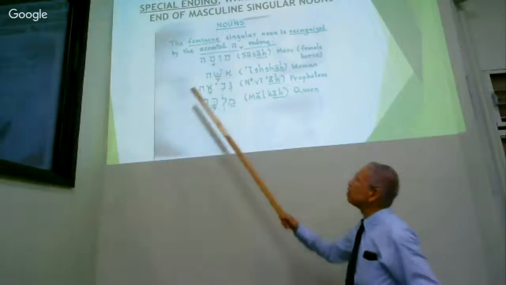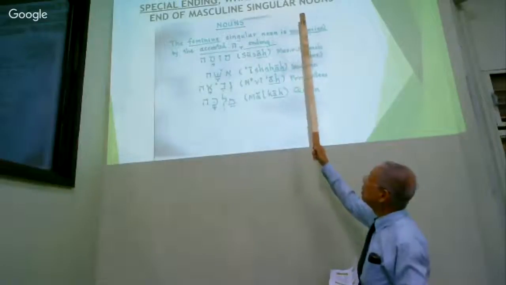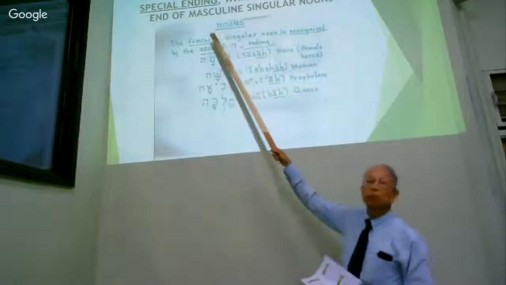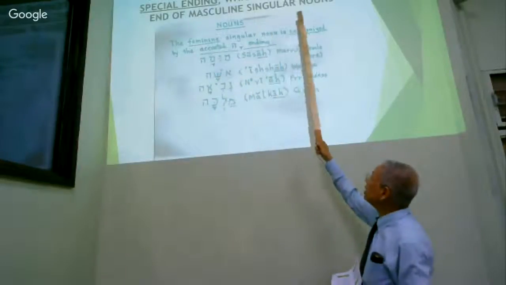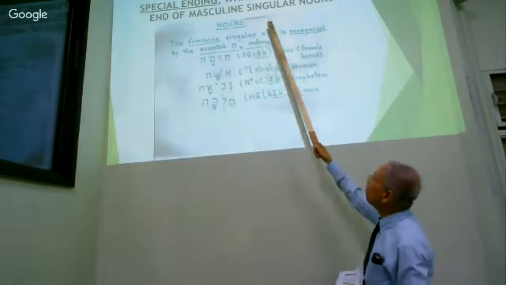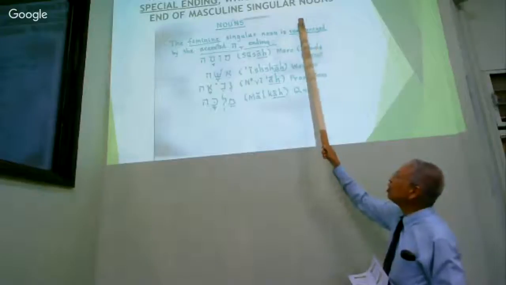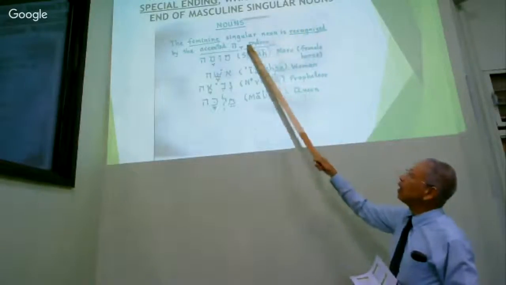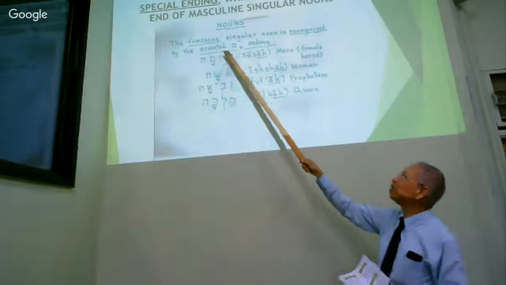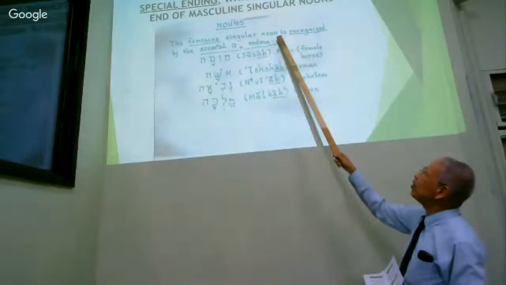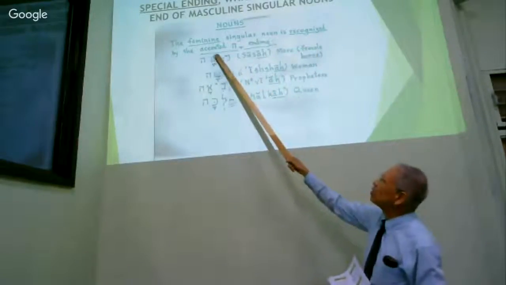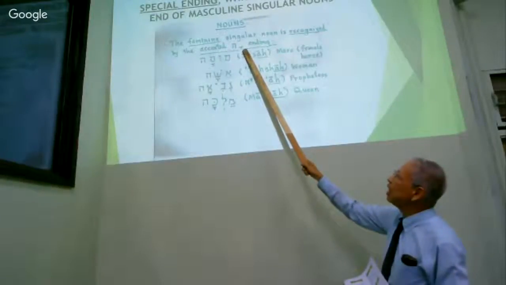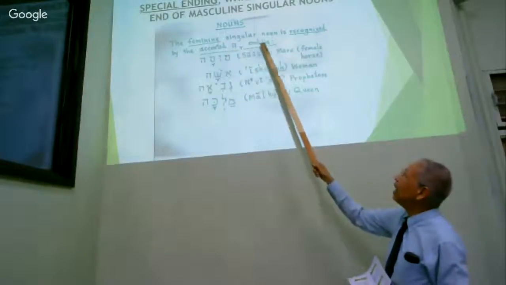Feminine singular nouns have one special ending, which is added at the end of masculine singular nouns. Here are some examples. The feminine singular noun is recognized by the accented Thomas A ending.